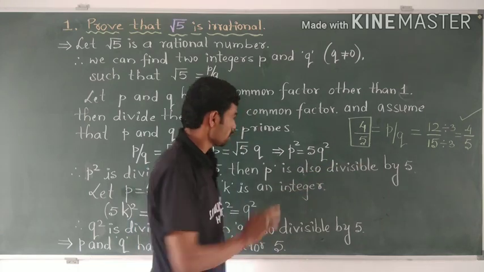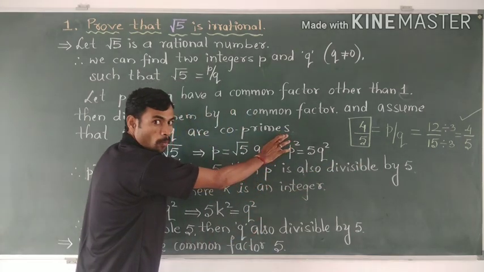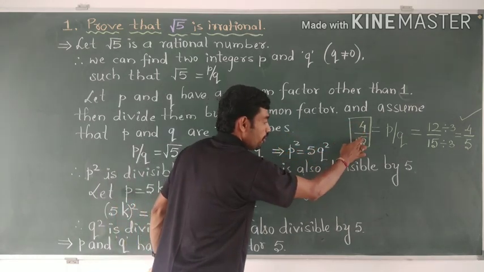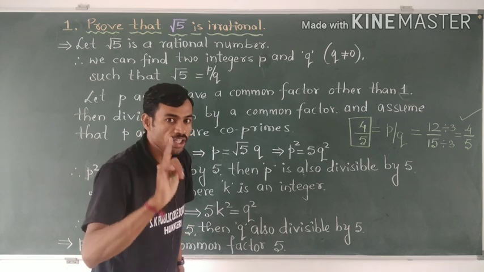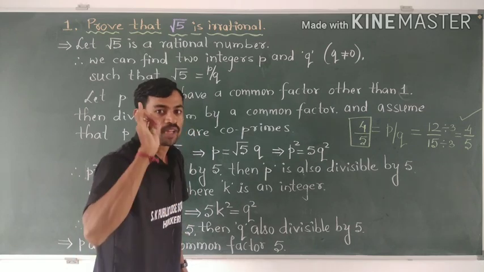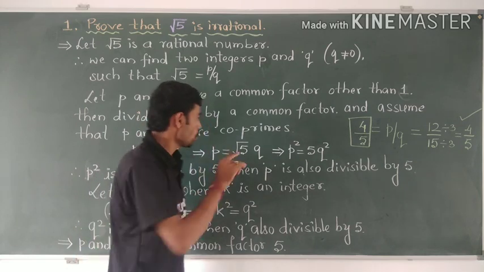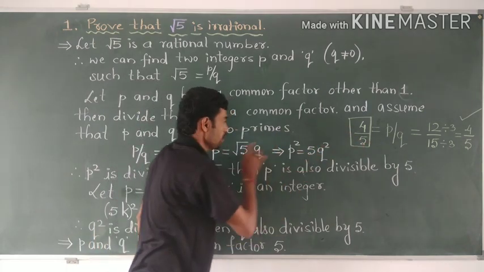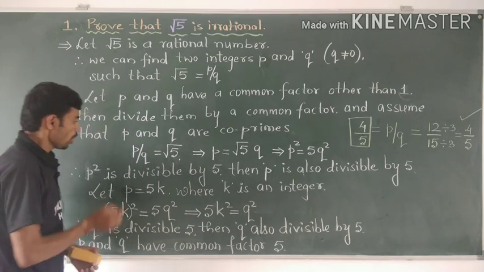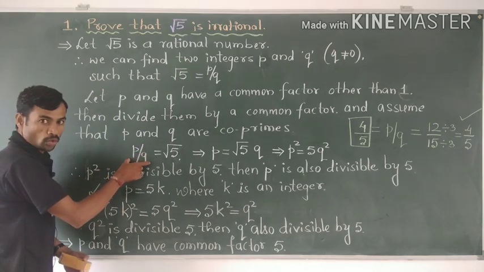Co-prime numbers. They don't have any common factor other than 1, so only they are called co-prime numbers. So 4 and 5 are p and q.